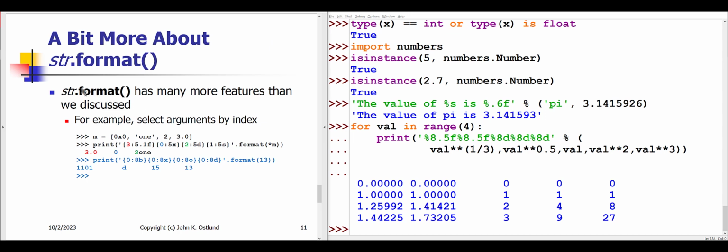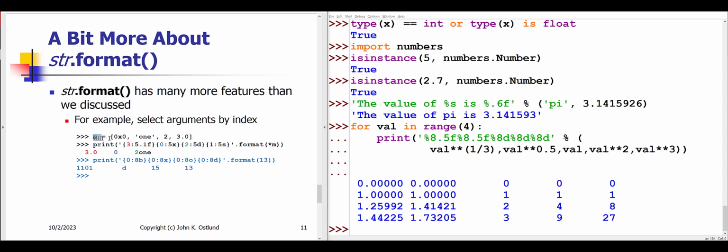Okay, we've already looked at the dot format function. I just wanted to show you one extra little trick about dot format. There's a lot more about dot format that I just am not interested in covering.